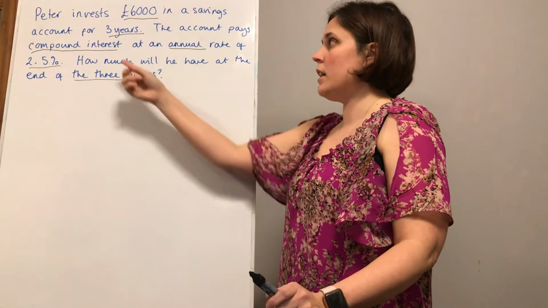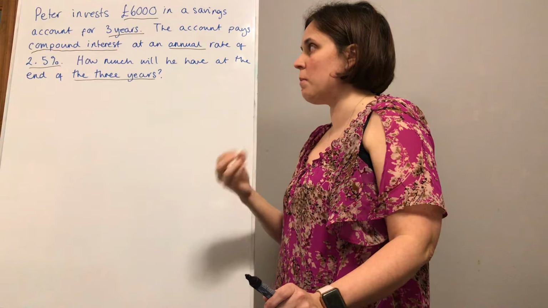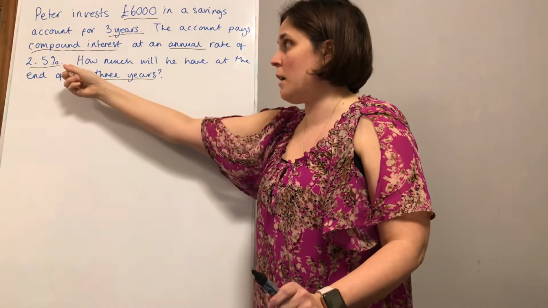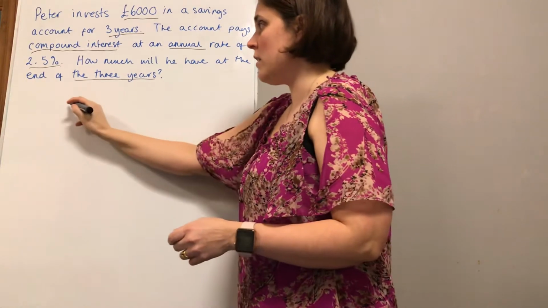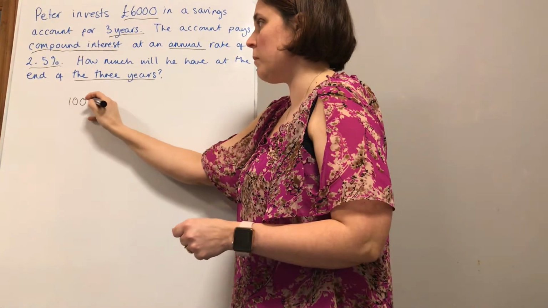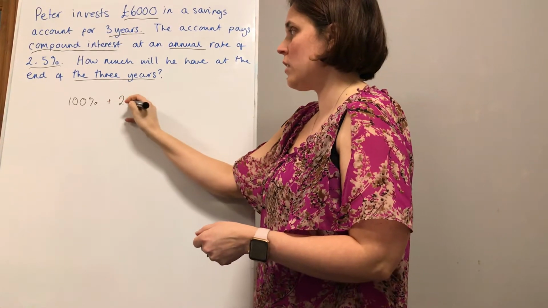Now, the most important thing here is that it's interest, so we're increasing our amount by a particular percentage, and that percentage is 2.5%. So what that means is that we're taking our original amount, which is 100%, and we're adding on to that 2.5%.